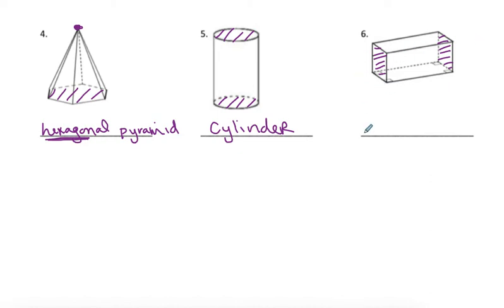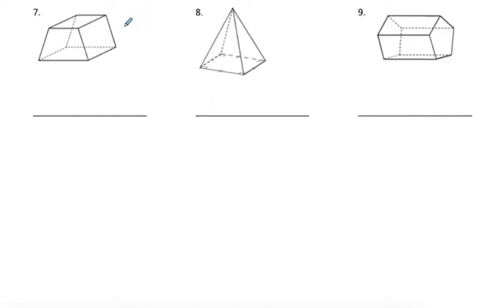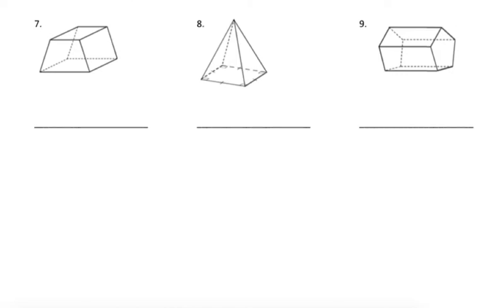But either way, because I have two bases, this is going to be a prism, and either base that I pick will be a rectangle. So this is going to be a rectangular prism, two bases.